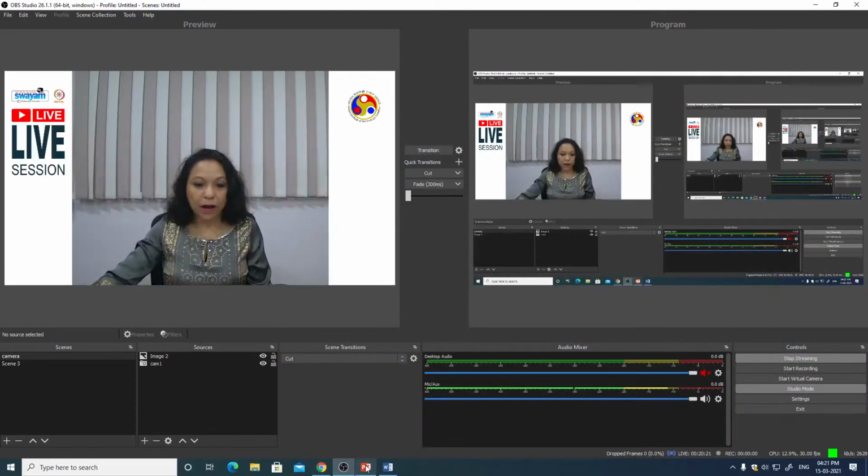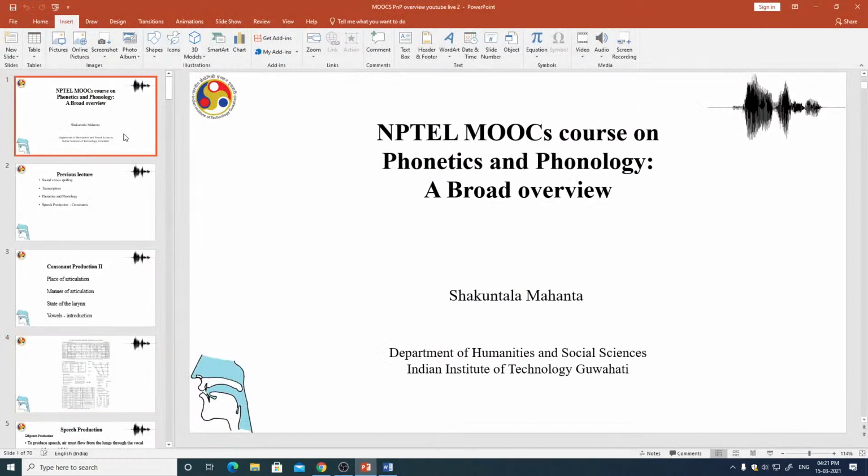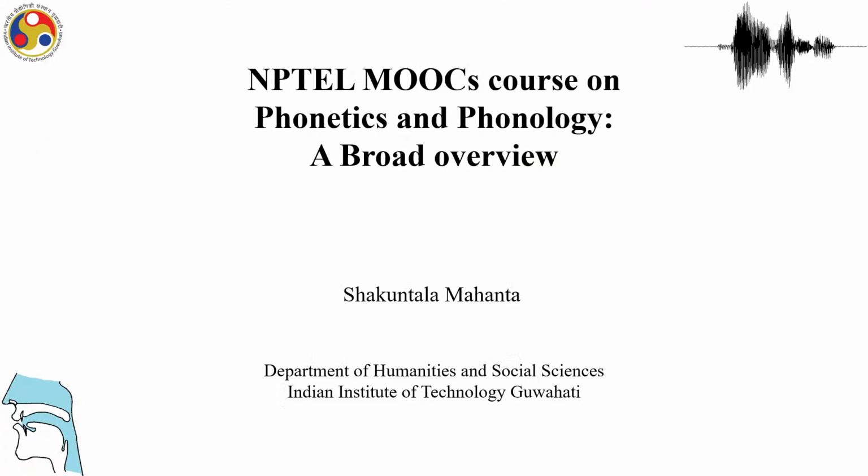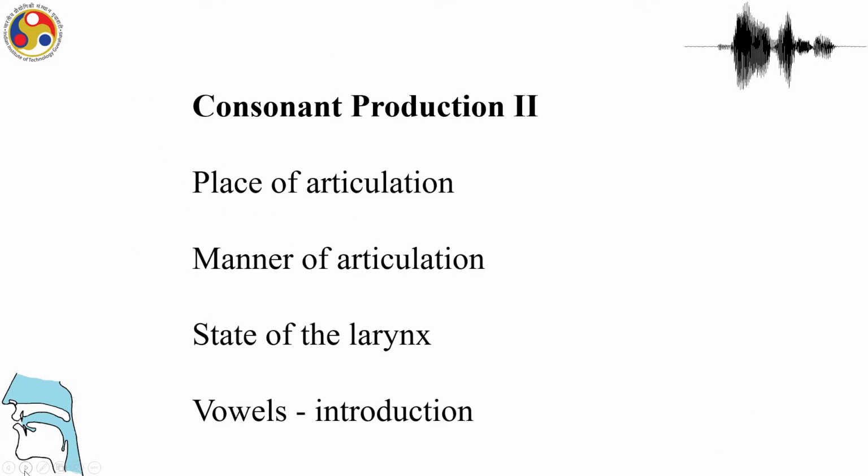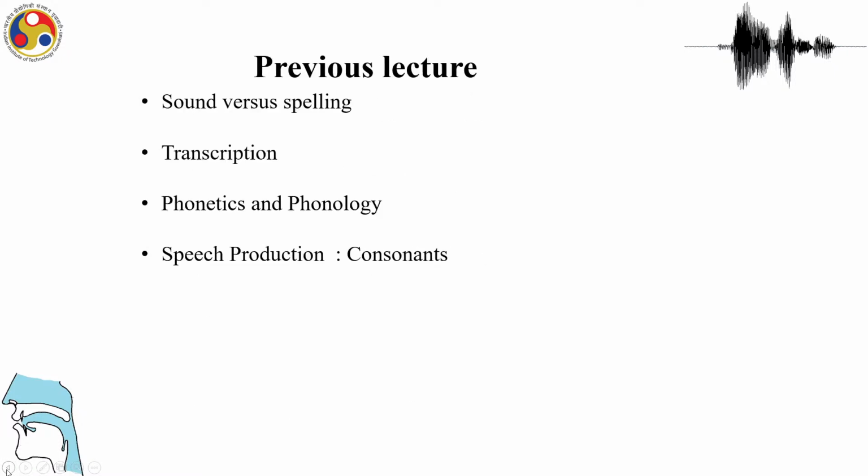the first part of the course, which was about articulatory phonetics. So we began by talking about sounds and how they're not equivalent to spellings, which we learn in school. So the alphabet system that we learn in school is not equivalent to the sounds that we produce.